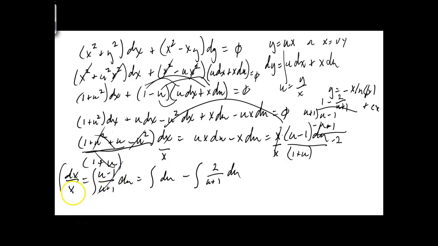What's the first one over here? ln x. I'll put it in absolute value bars. Is equal to, what's that one? Integral of du? Just u, okay. Minus, and the last one I think you're already doing, 2 ln of absolute value u plus 1. And then we got a plus c.